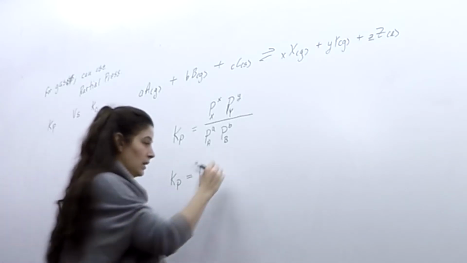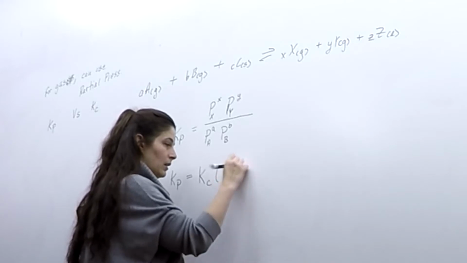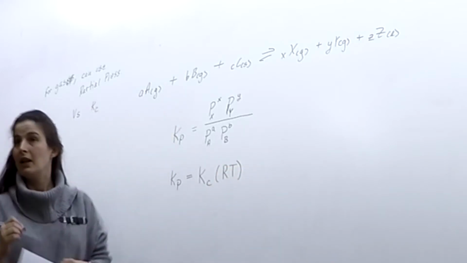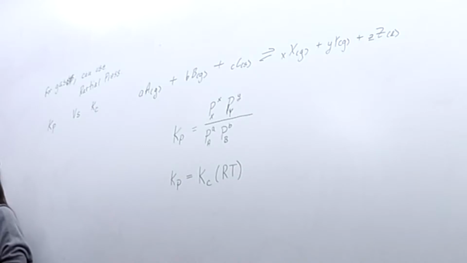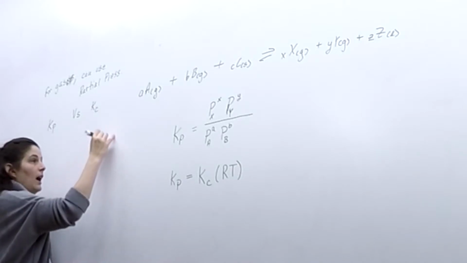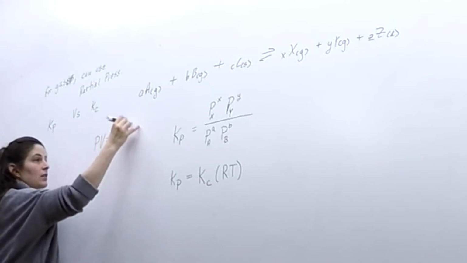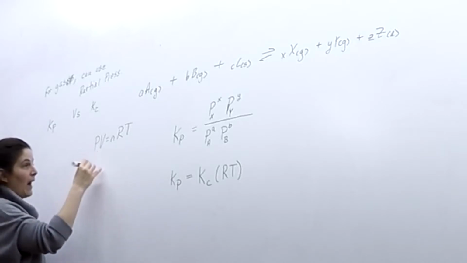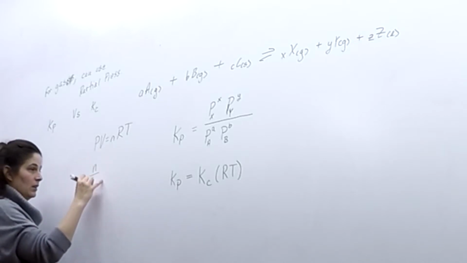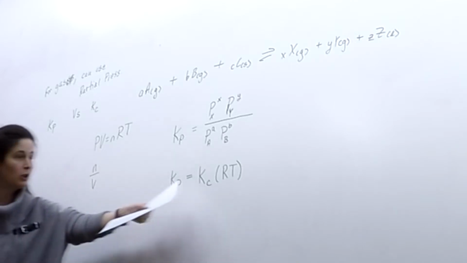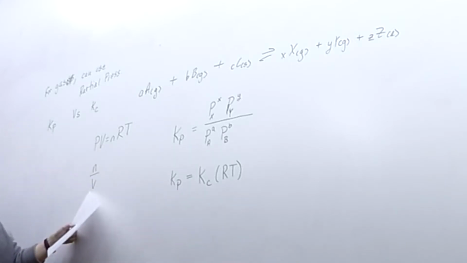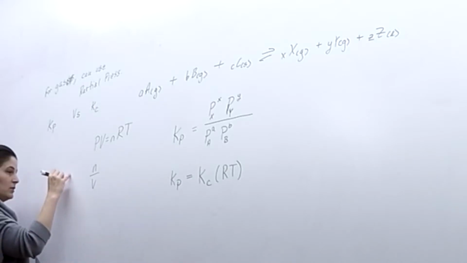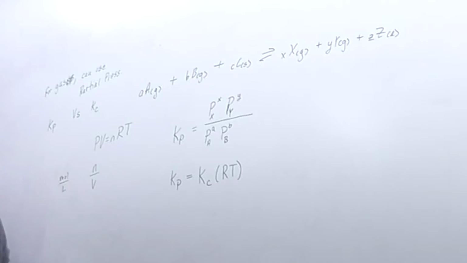Kc times RT is going to give us a pressure. Again, we went back to looking at the ideal gas law. PV equals nRT. When we are talking about concentration, because that's what we're comparing it to, the concentration of our gas is n over V, which of course is moles per liter.